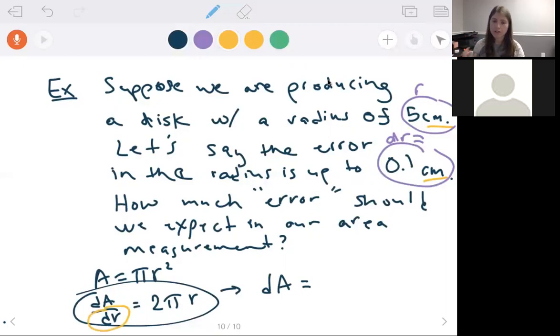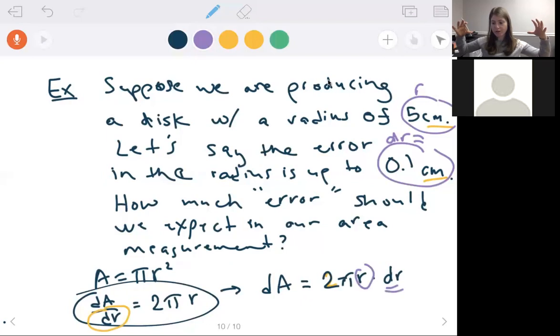We're going to think about the dA and dr as separate entities, separate things that we can separate out. So what we're going to do is go ahead and write this by multiplying our differential on the bottom over to the other side. So dA, or the differential of A, equals 2 pi r times dr. So notice what you actually see here is it's not just how much error, but it's actually how big the radius is.